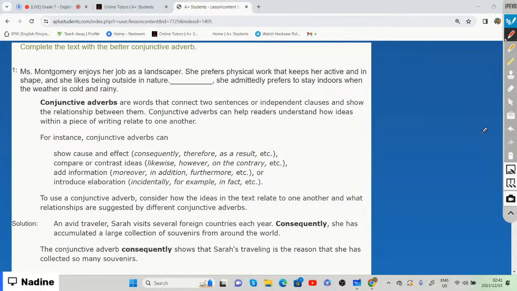And to use conjunctive adverbs, you need to consider how the ideas within the text relate to one another and what relationships are suggested by different conjunctive adverbs.